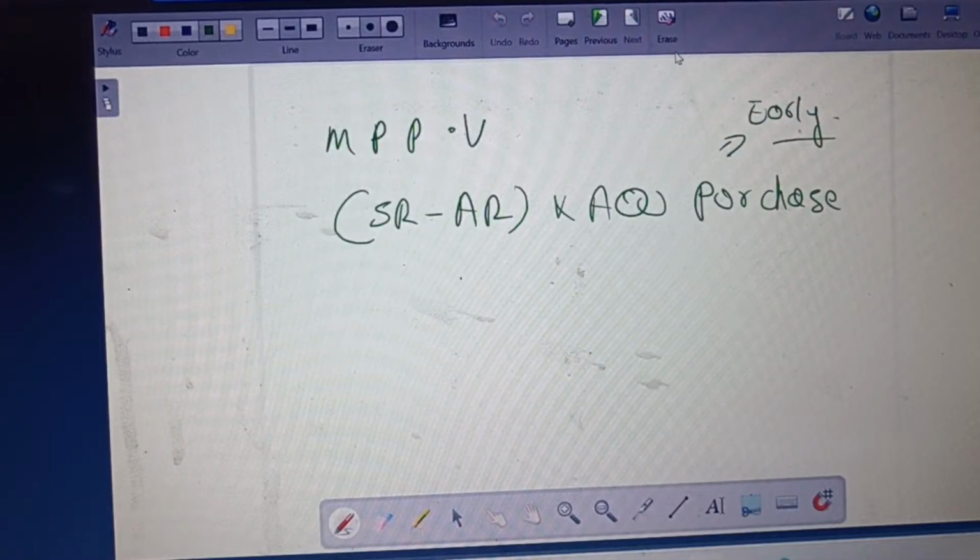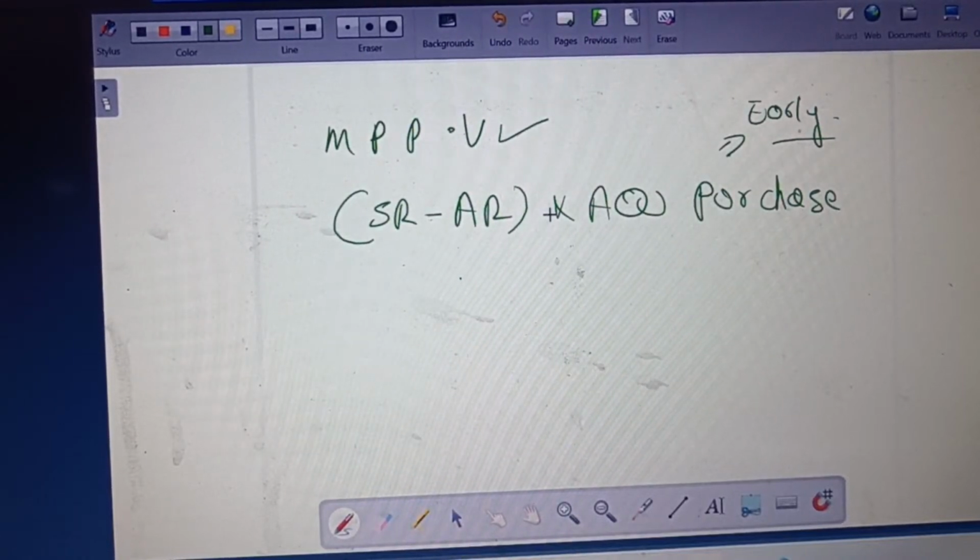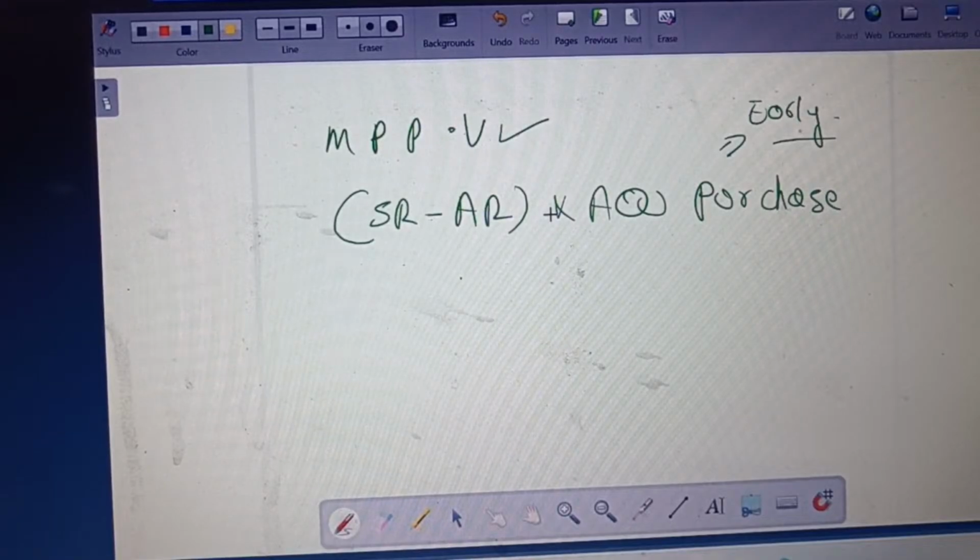In the question, if they ask to calculate the material price variance, which is the earliest of the costs, then which variance will we calculate? This variance, because purchase happens earlier than usage. First we purchase and then we use.